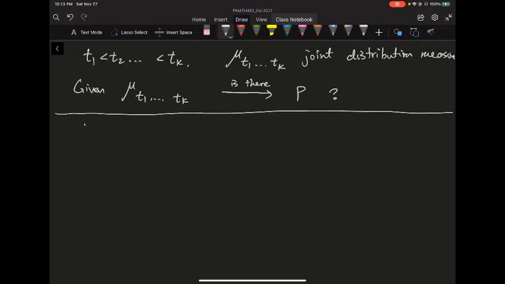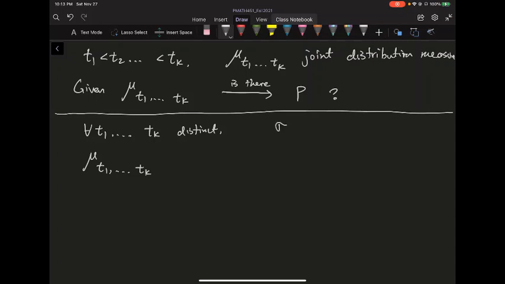Suppose I give you any times, say t1 up to tk, some distinct timestamps. One way you can look at their joint distribution at these timestamps, and they may not be in increasing order, so you may want to permute them.